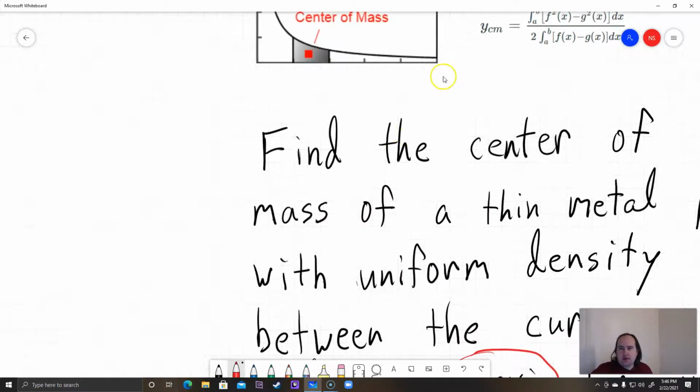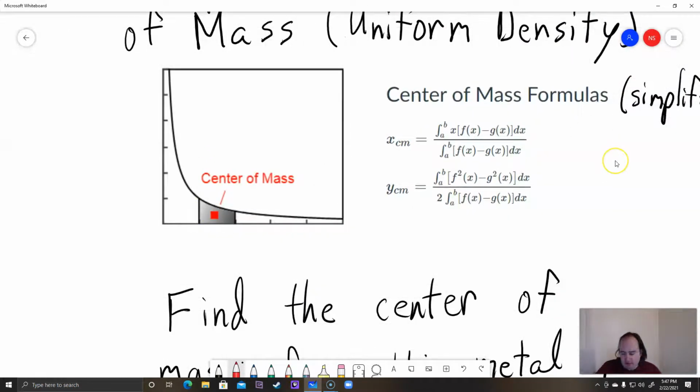Okay, so if you look at this graph here, this curve on the top, that's going to be our f of x. And then on the bottom, we have our g of x. So f of x is going to be 7 over x, and g of x is just the horizontal line y equals 0.